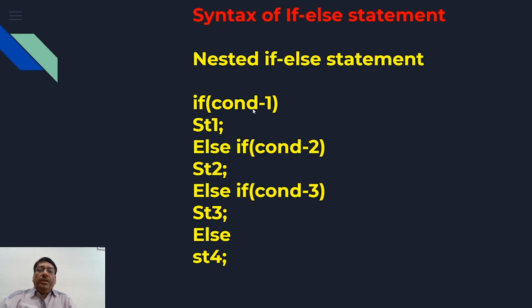But if the first, second and third conditions are false, then it will straight away come to statement 4. So this is how your nested if else statement will execute. Let's try to go with some example on this.